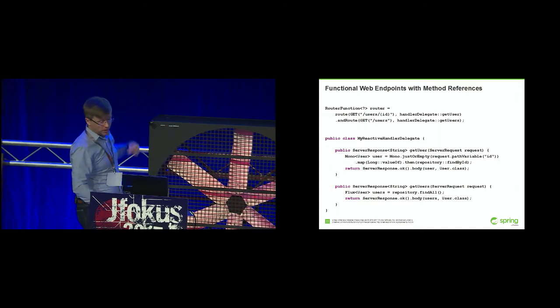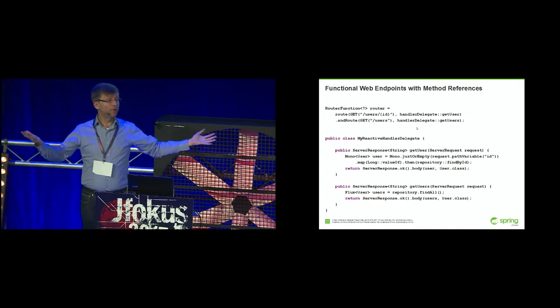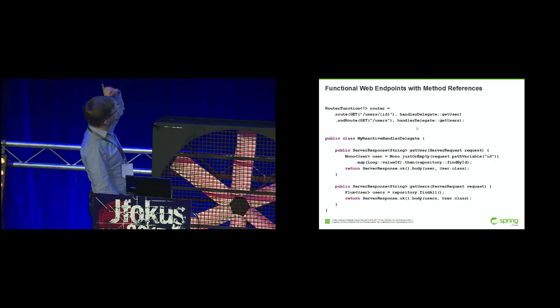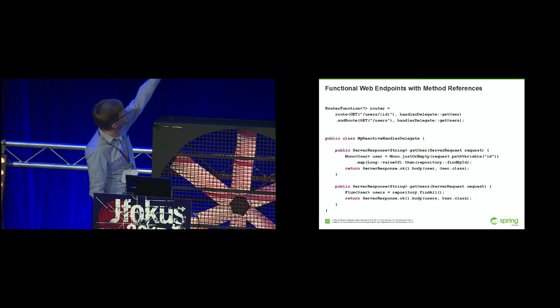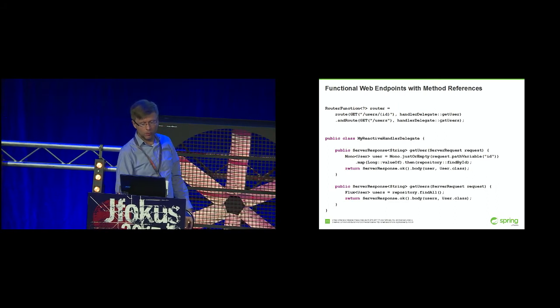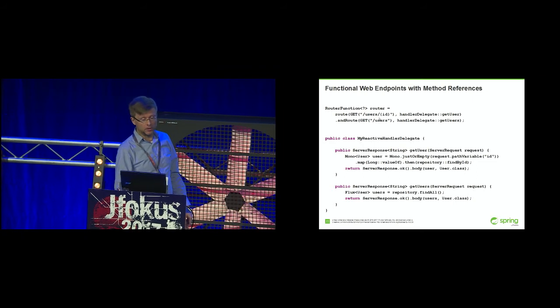A router function now says, instead of annotation-based request mappings, for an incoming request of this kind with this predicate, bind it to that handler method. We have an instance of this delegate class somewhere, and we use Java 8 method references to bind them to particular methods.